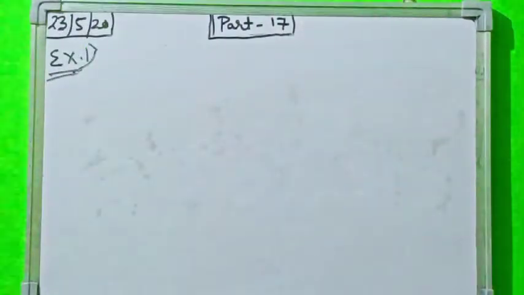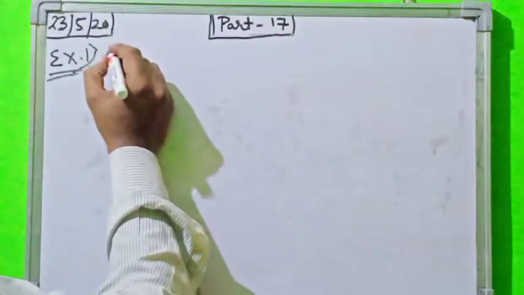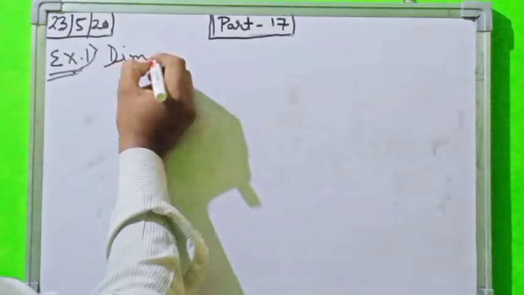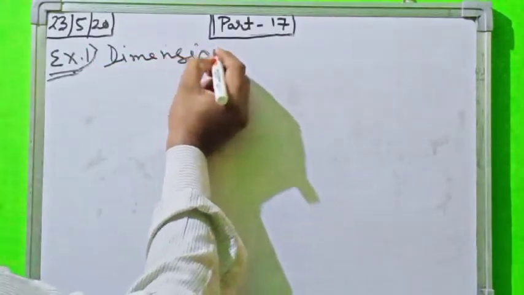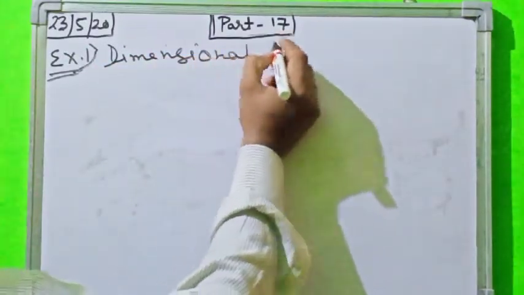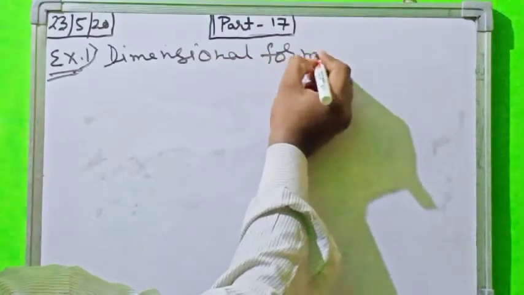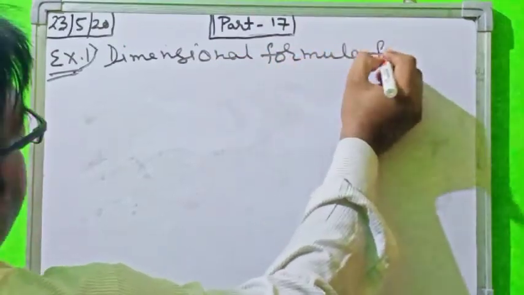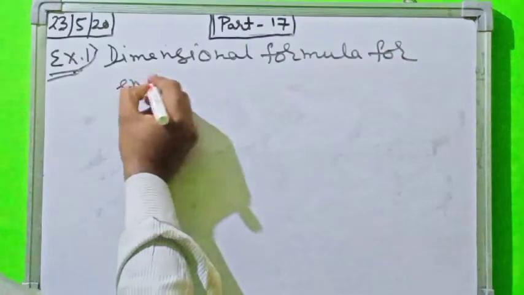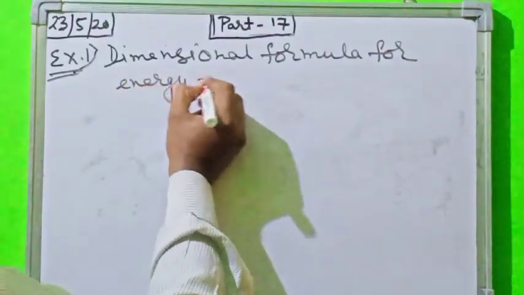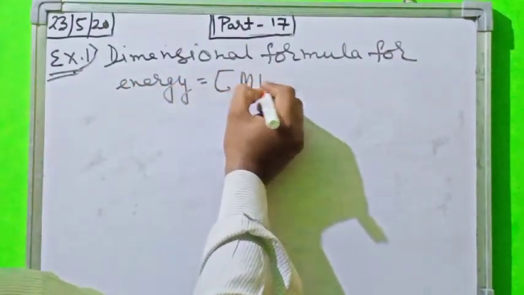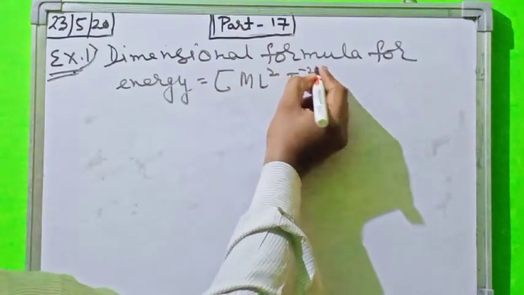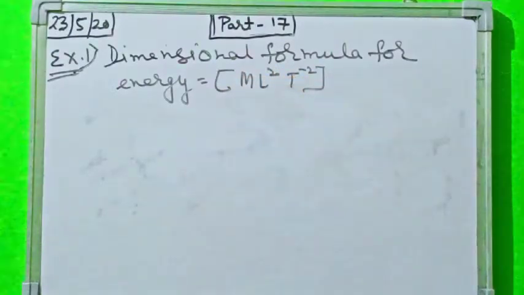Look here. Dimensional formula for energy is M L square T minus 2. All of you know this. The dimensional formula for energy is M L square T minus 2.